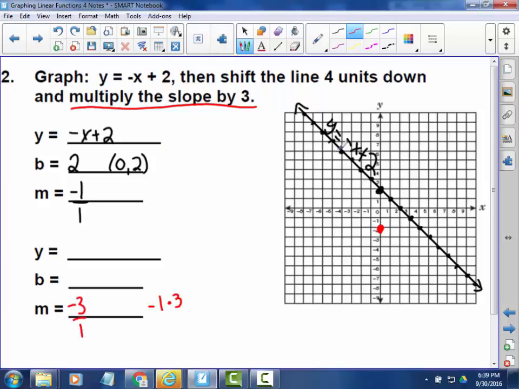Negative 3 over 1, so I'm going to go down 3, 1, 2, 3, and to the right 1. Or up 3 and to the left 1.